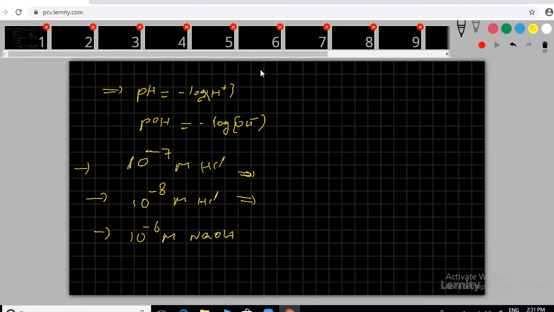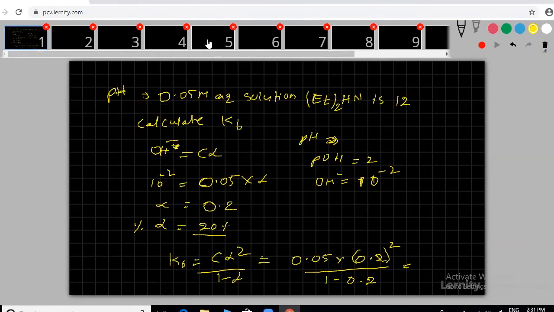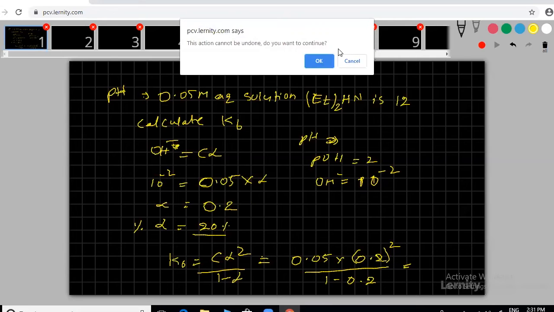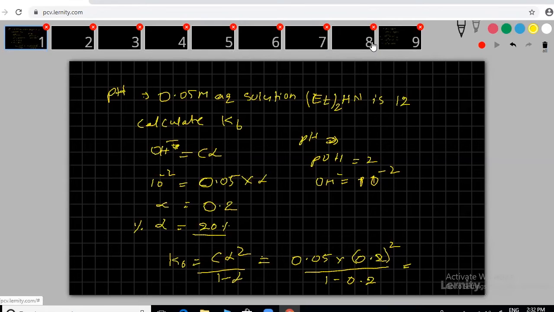Can anyone send an answer? 10 power minus 7 HCl and 10 power minus 8 HCl pH value. You're not sending in here. Roughly the answer, we don't want exactly.